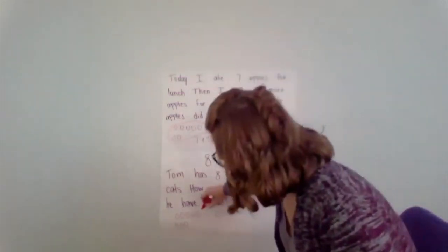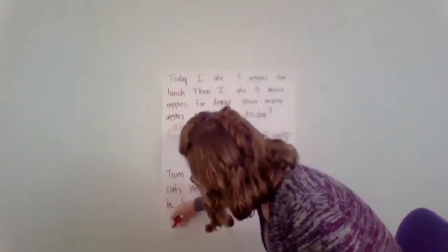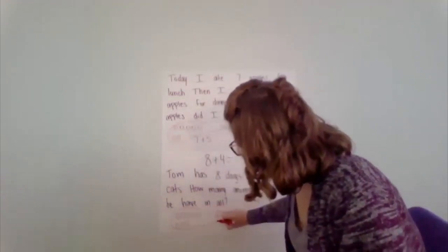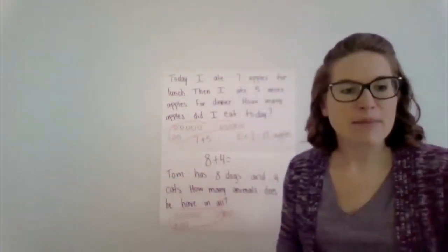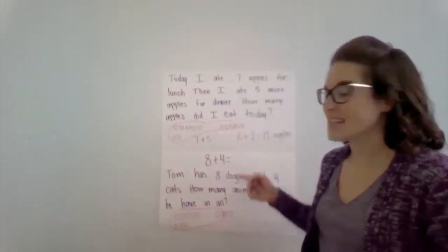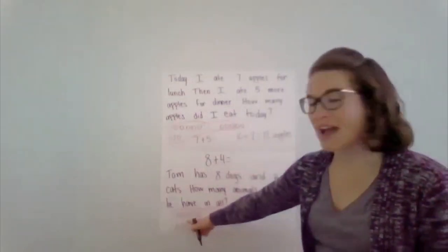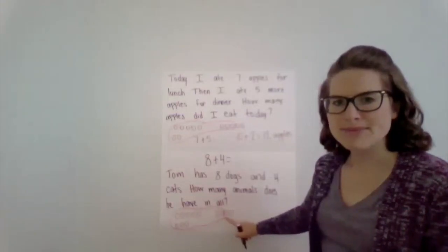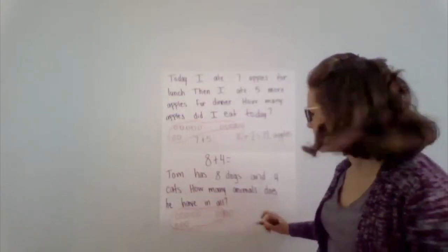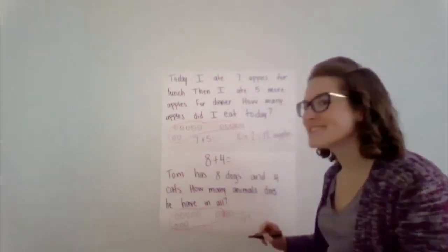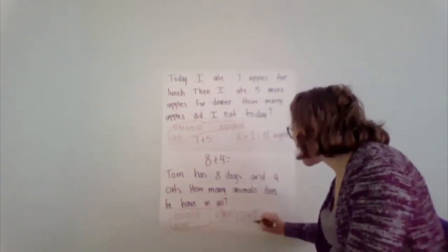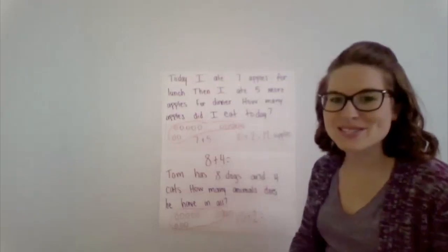I've got my 8 here, and 2 more will give me 10. Now my problem is, it's not 8 plus 4 anymore, now it's 10 plus, can you see how many are over here not in the circle? 10 plus 2, good. And what is 10 plus 2?